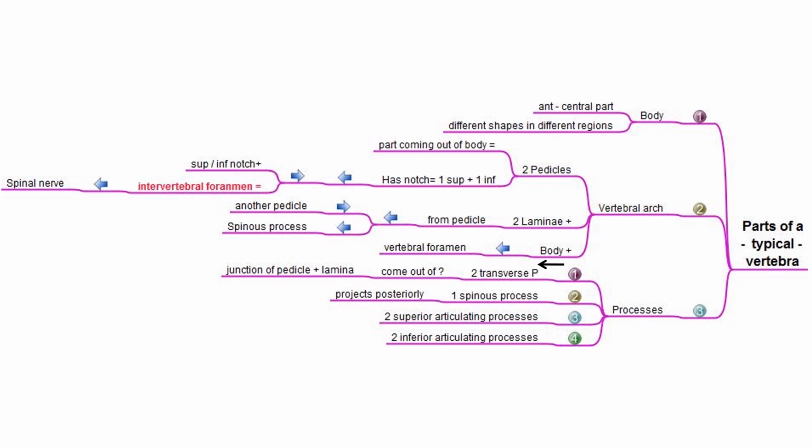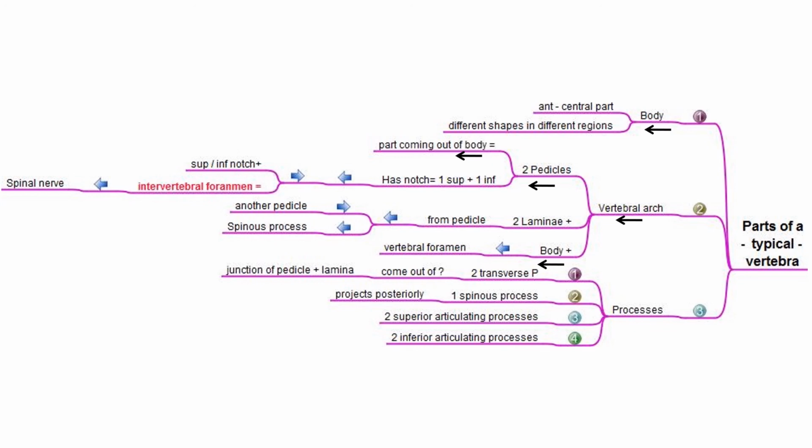Now, what are the parts of a typical vertebra? The most anterior part is the body, and it has different shapes in different regions. Then the vertebral arch or the neural arch is made of two pedicles.